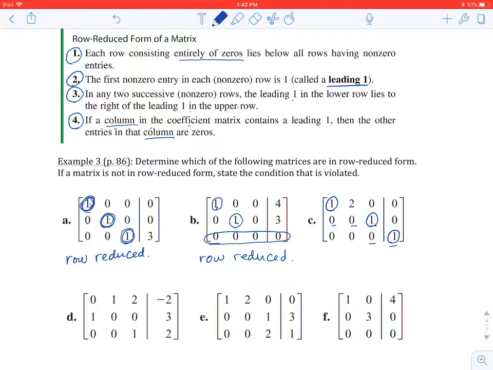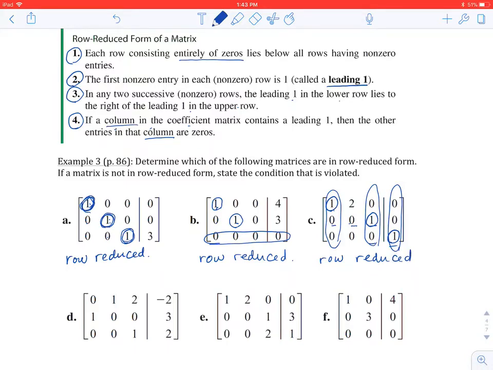It's true they don't go in a diagonal way, down 1 over 1, down 1 over 1. That's all right as long as it's to the right. It may go down 1 over 2. That still works. And then if I look at my circled ones, I notice that the rest of those columns are all zeros. And that is number 4. So yes, this is row reduced.